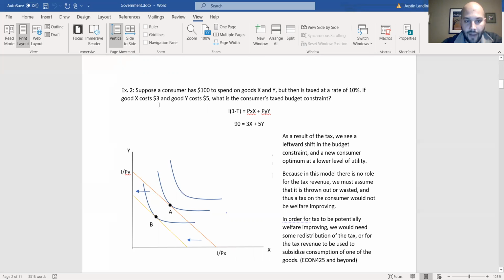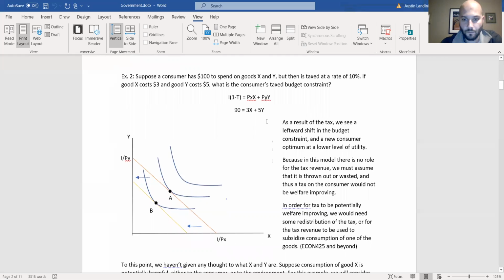Well, an income tax doesn't impact the price of X or Y. We just reduce income by the amount of the tax. So $100 times 1 minus 10%, or $100 times 90%, is $90 remaining after tax, which we can spend on X or Y at the given prices.